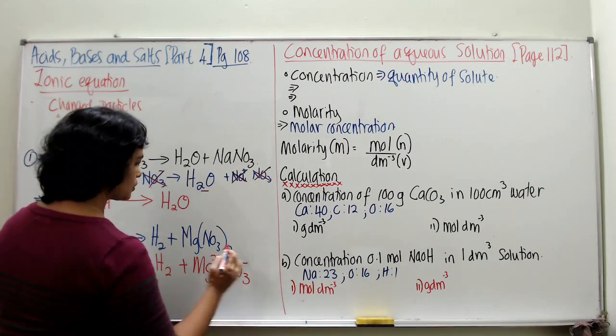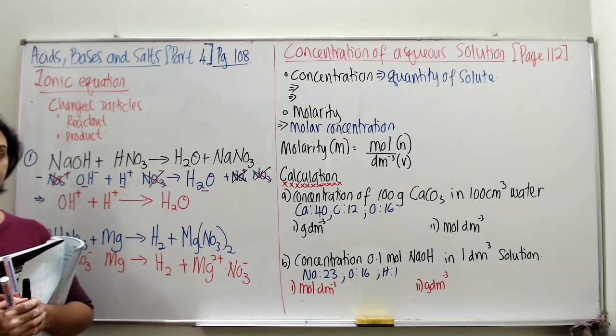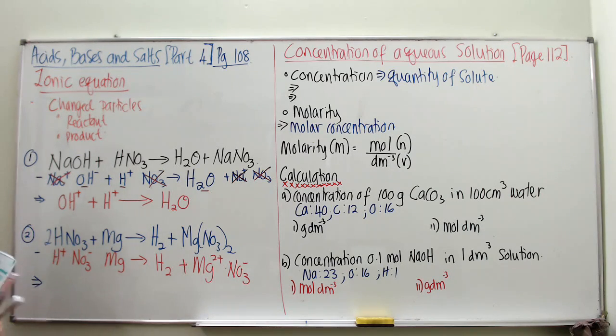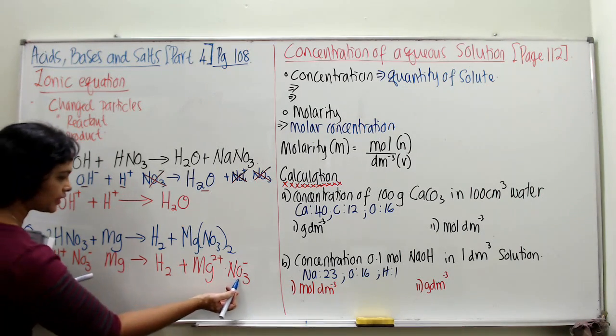Okay, now if you look at it, who has changed here? You can find that nitrate ion has not changed anything. Can you see before and after? Nitrate ion is still the same. It is in the form of ion.